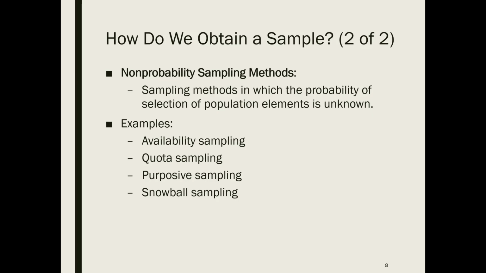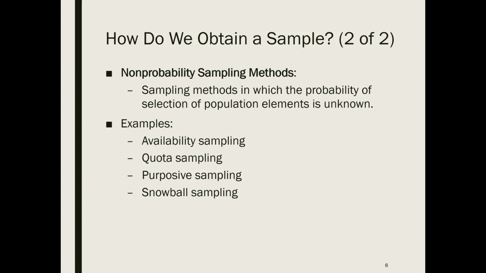But as you can see, these are non-probability sampling methods. That means they are not based on a mathematical way, so the samples could be biased, because only the people who want to participate in this study will be in the sample.